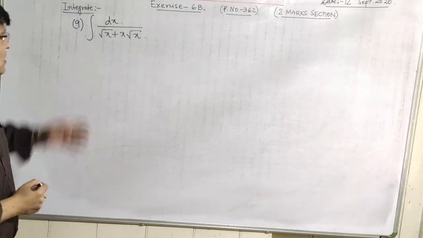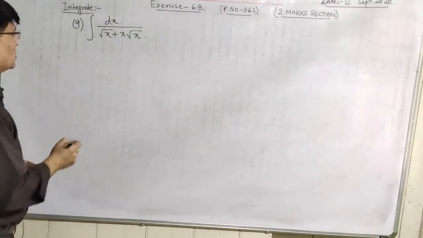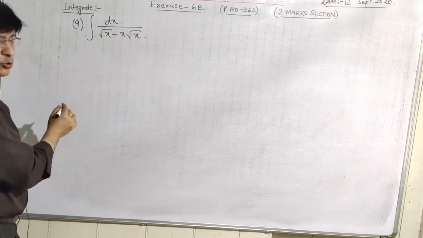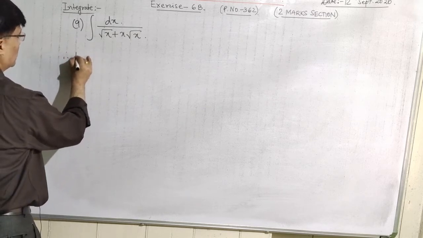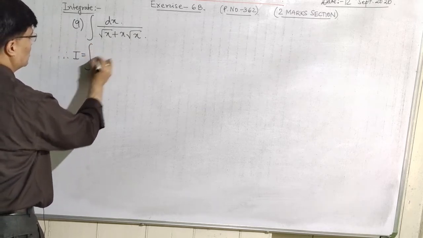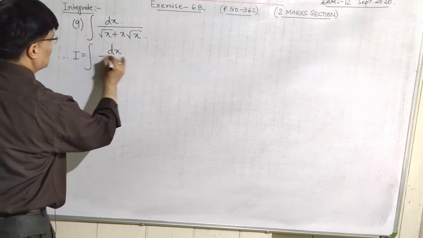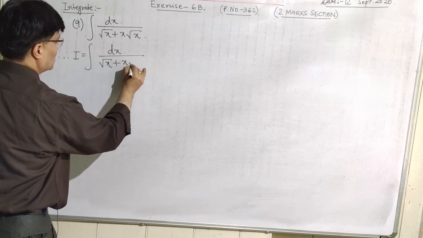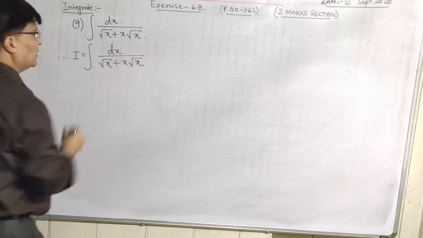You have to evaluate this integration. So it is integration of dx divided by root over x plus x root over x. So therefore I is equal to integration of dx divided by root over x plus x root over x.